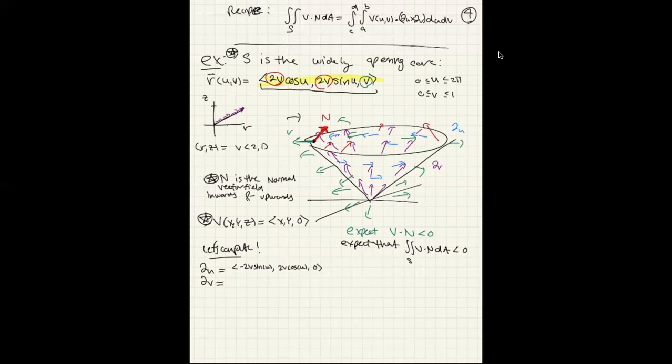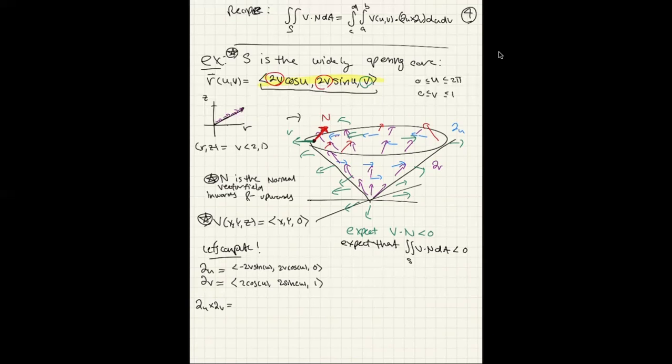And then we'll want a v derivative, so we'll have 2 cosine of u, 2 sine of u, and 1. Okay, so let's compute really quickly partial u cross partial v, and then we'll see if this gives us the right thing. Actually, we can answer that right now.